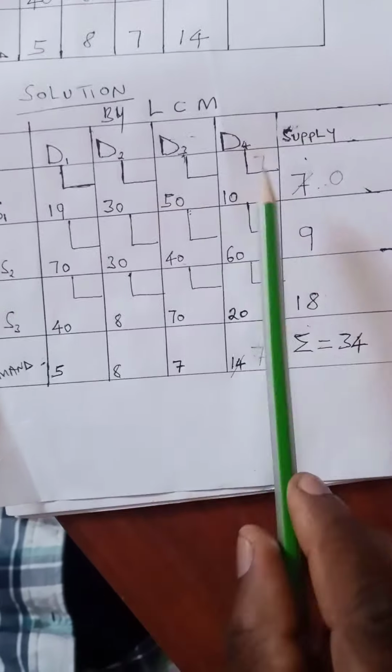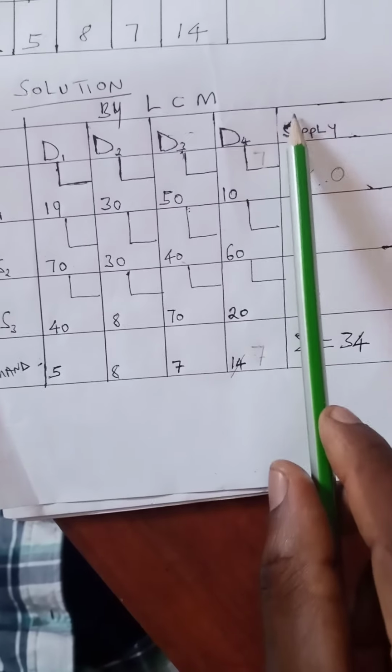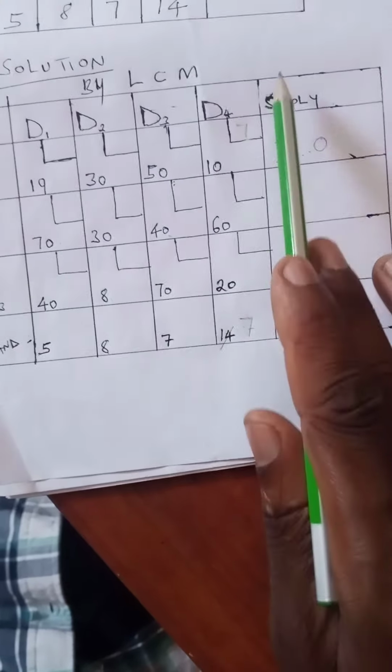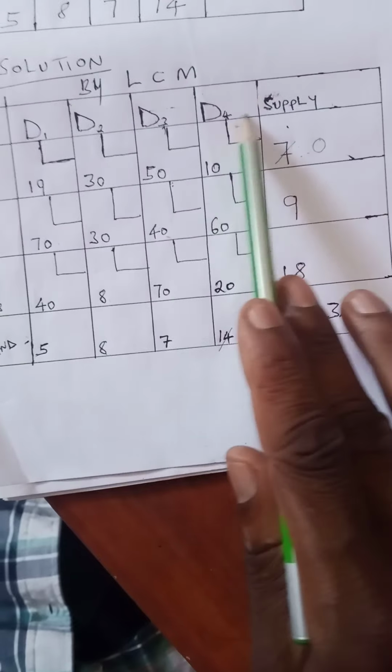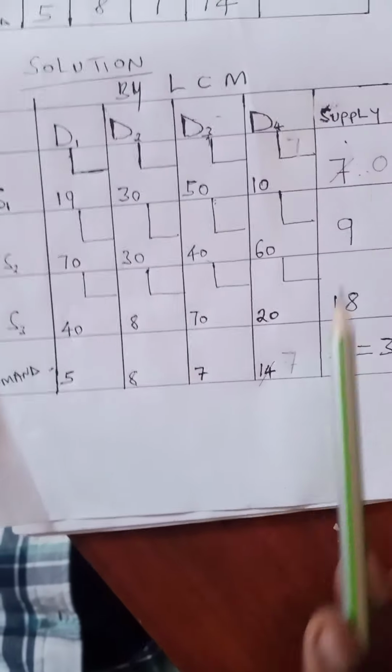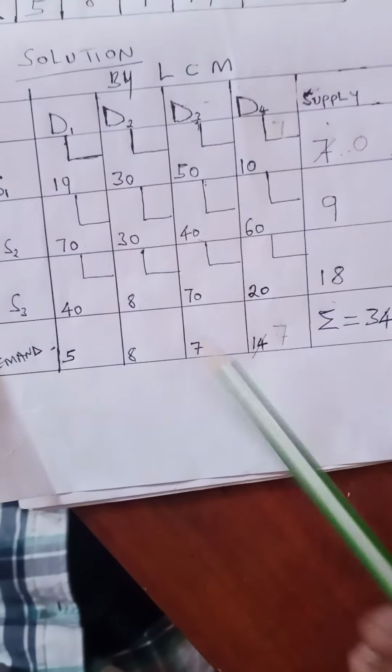If it's not balanced, we add a column or row, which we call a dummy supply or dummy demand. But for our question, it is balanced, so we don't need to add anything.